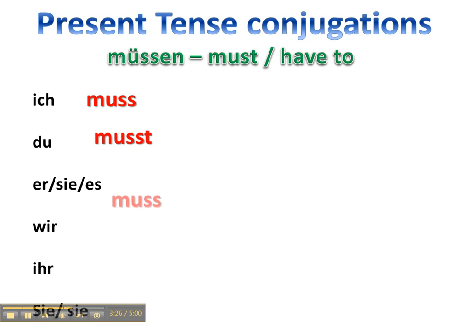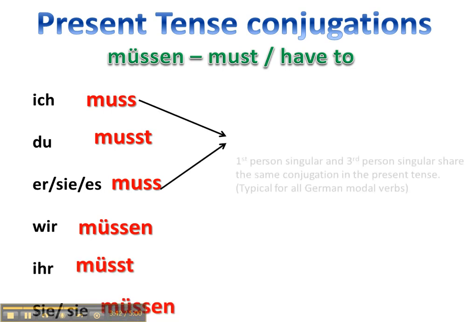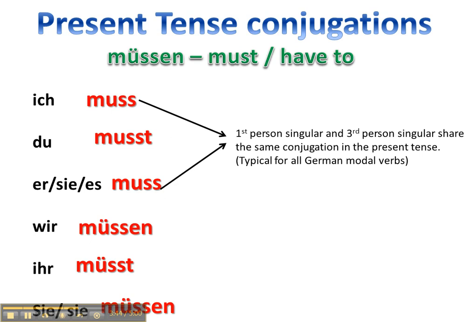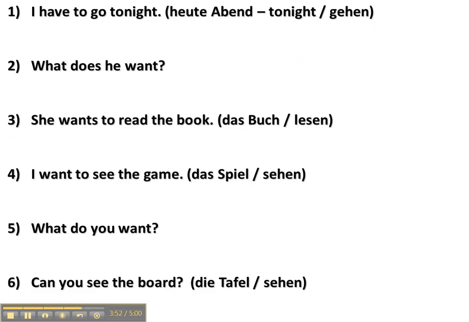He has to, er muss. And then the modal verbs, if it had umlauts in its infinitive form, as this one did, those umlauts will come back in these last 3 conjugations. So wir müssen, ihr müsst, and sie müssen. Once again, that first and third person singular is the same for modal verbs, and then this is also the same. Okay, so now we're going to take a look at some examples.